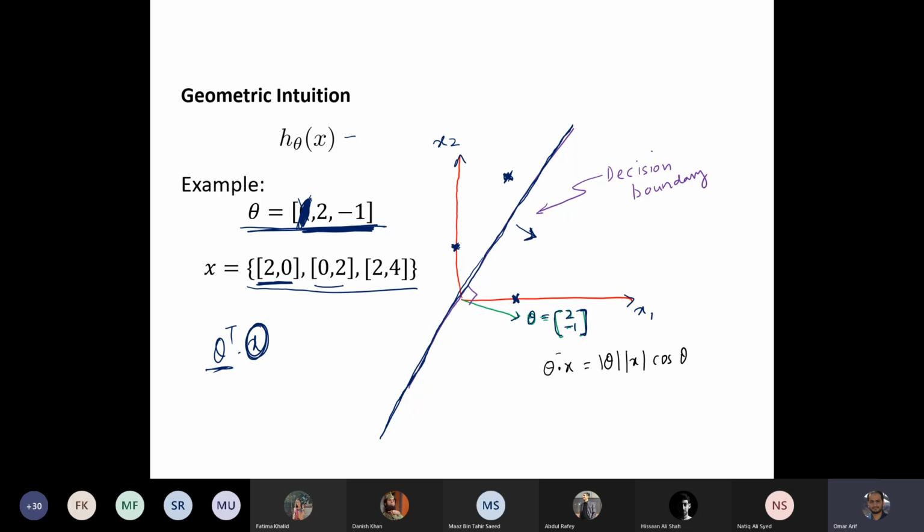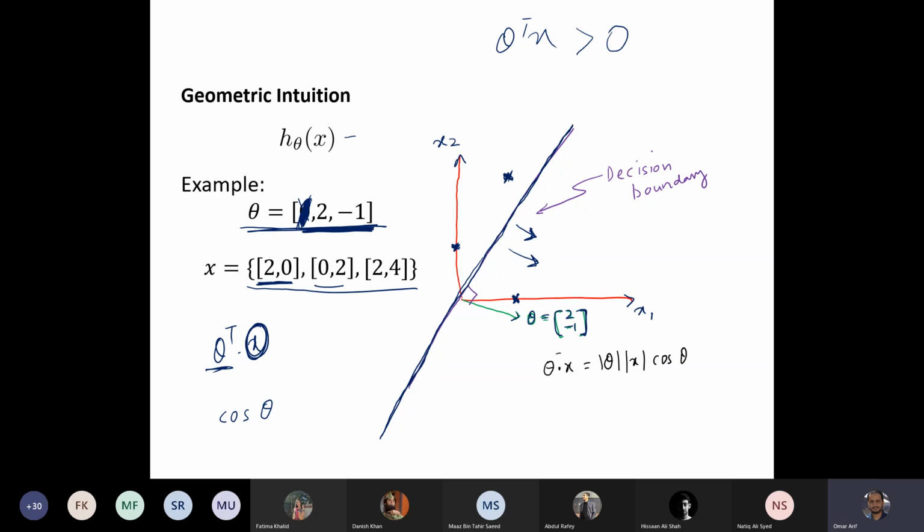Acute or obtuse? Acute. So acute angle, so cos of theta when theta is less than 90 is always positive. So this is always going to create a positive value of theta transpose x. And this I know, okay, if theta transpose x is greater than 0 or positive, it means that my prediction would always be greater than 0.5.